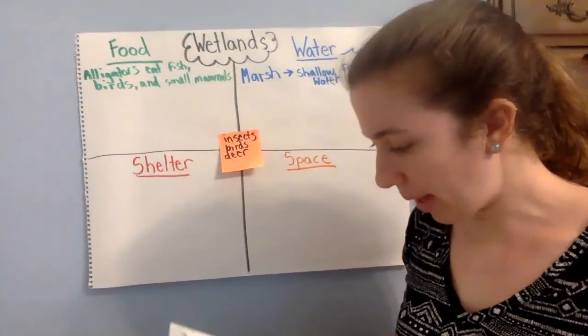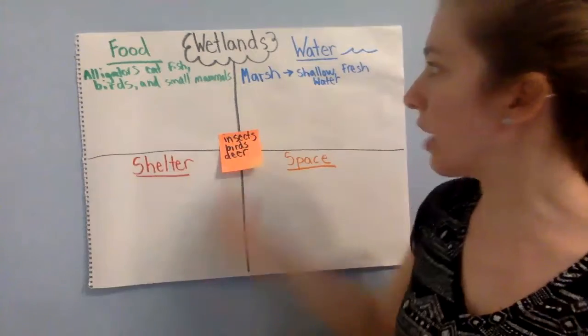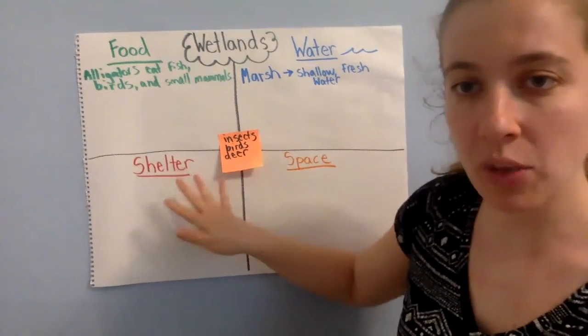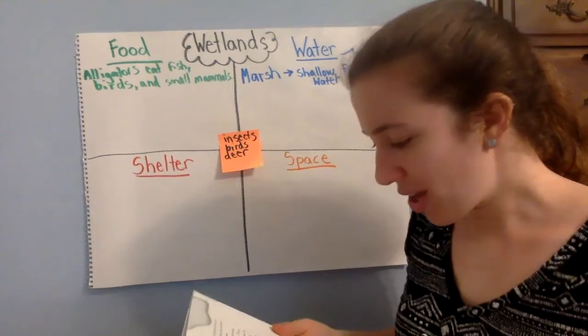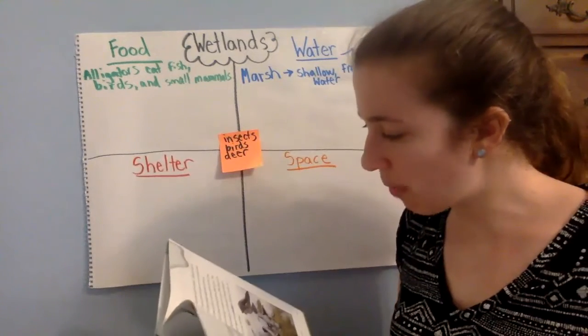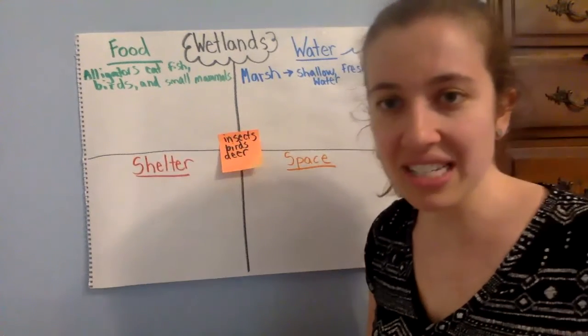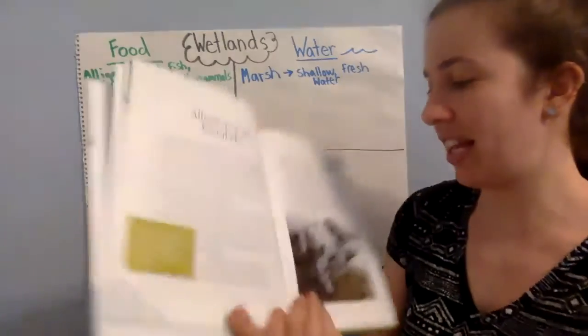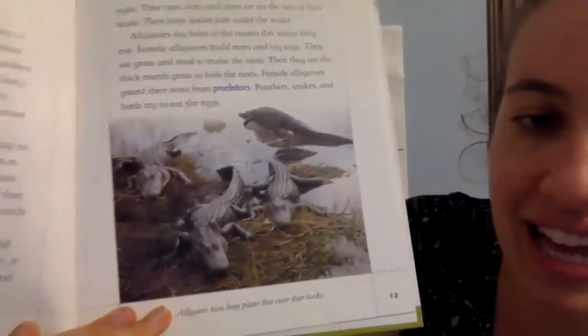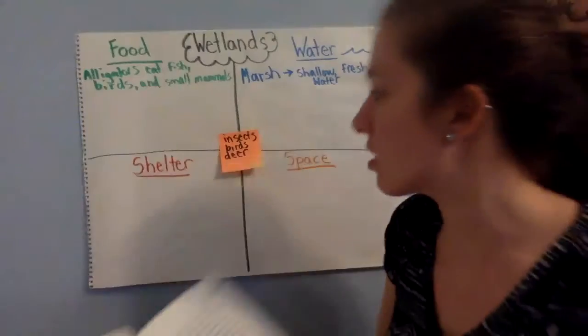Oh, wow. Okay. So we're learning a lot here. And I'm realizing that we just heard something about the shelter. Let's go back and see. So alligators use the marsh dirt to rest and lay eggs. So the marsh dirt, like in this picture, is kind of like the shelter for the eggs.